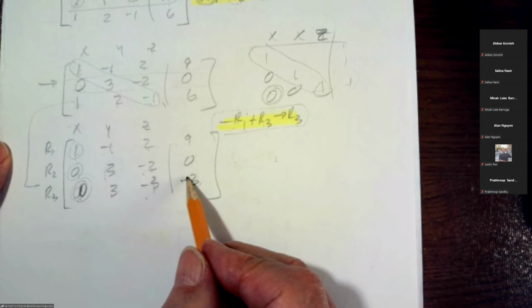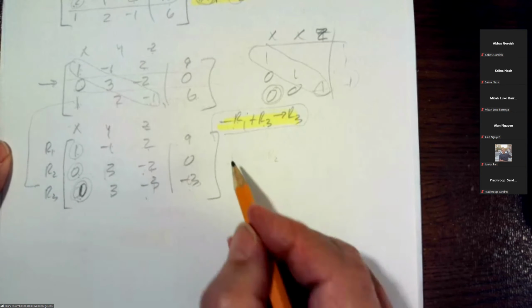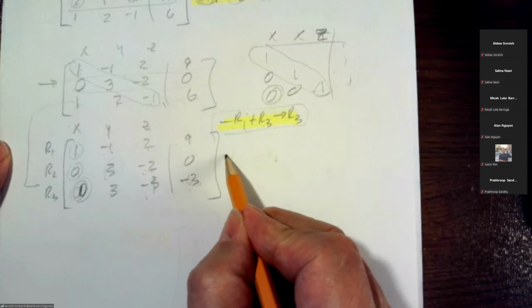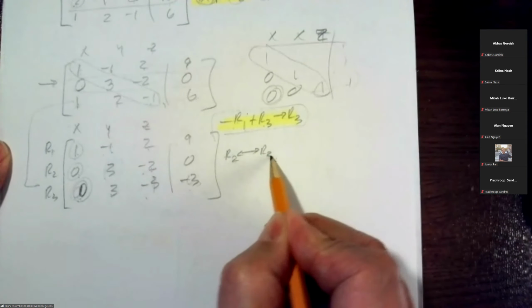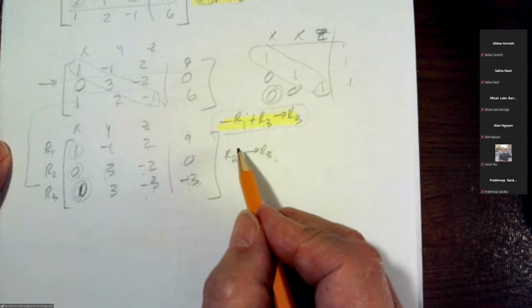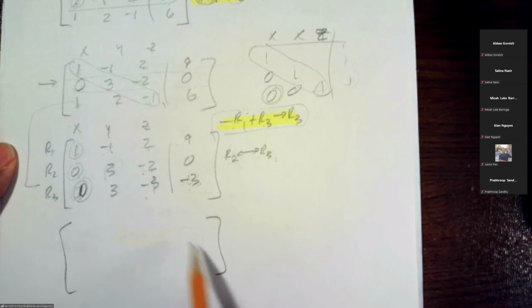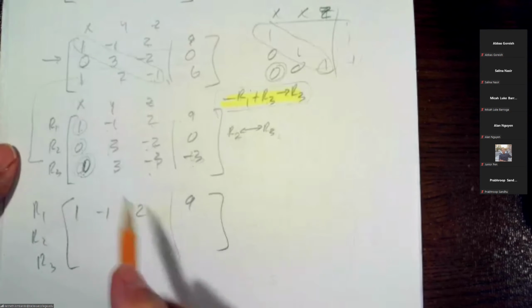Now, if I take, let's see what would be interesting to do here. If I swap row 2 and row 3, let's see what I get. So if I swap, I'll go ahead and rewrite that. Row 1, row 2, row 3. And I'm going to swap.